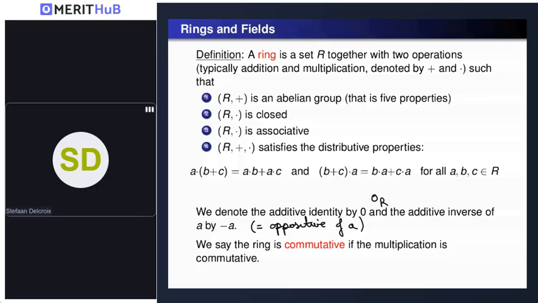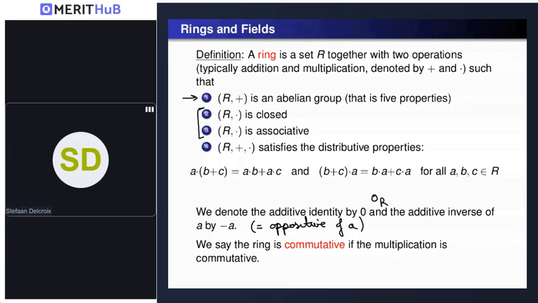So to quickly recap, no problems under addition. 5 properties. 2 properties for the multiplication. Typically, if you have extra properties under the multiplication, then your ring has that name. For example, if the multiplication is commutative, you say that your ring is commutative.